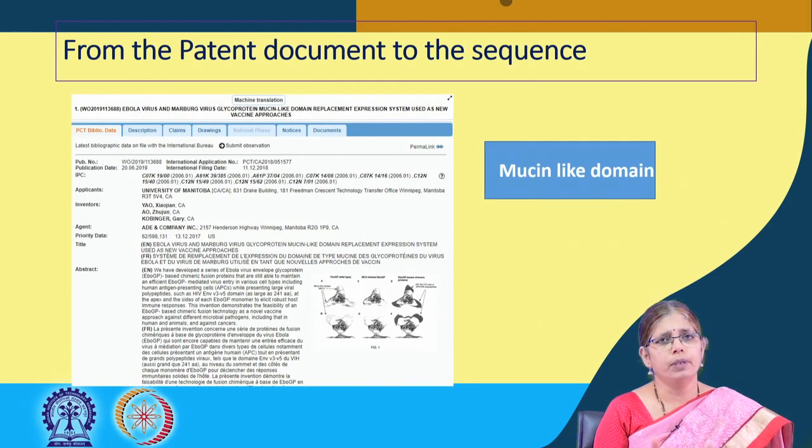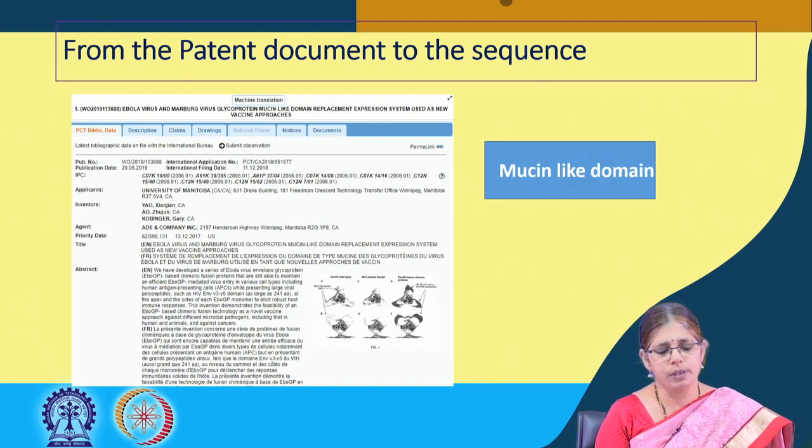We can get a lot of data not only from the sequence information, but we can also go back to the particular patent application and map the value of that particular sequence. So, here is another example of Ebola virus, and the subject matter of this patent is about a mucin-like domain replacement expression system and its use in developing vaccines.